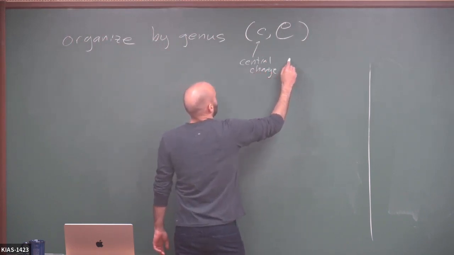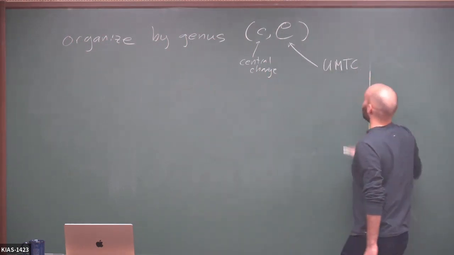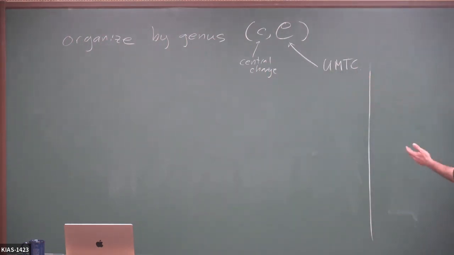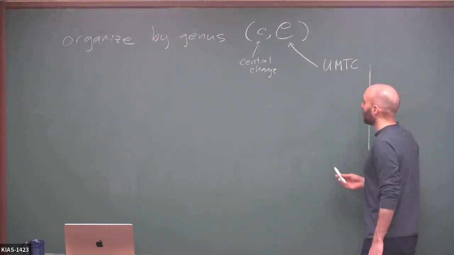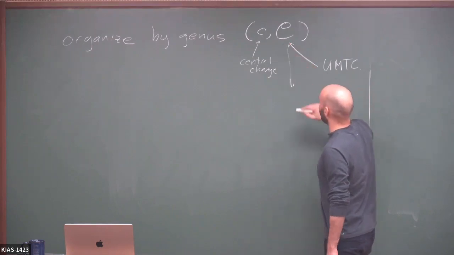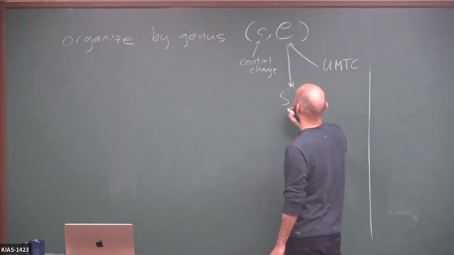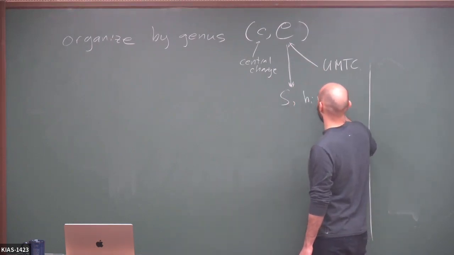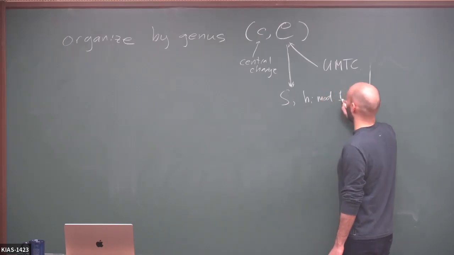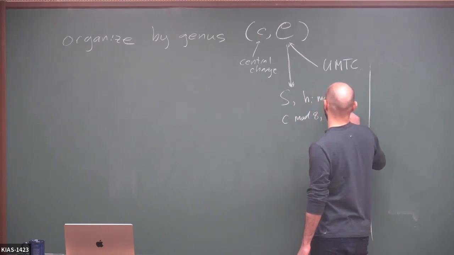I'm going to say some scary words. This is the associated unitary modular tensor category. But you don't need to know anything about what that means for this talk. The only thing that you need to know is that it encodes things like the S matrix, the conformal dimensions of the primary operators modulo 1, the central charge modulo 8, fusion rules, and so on and so forth.